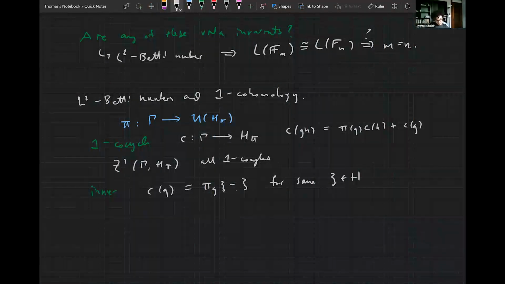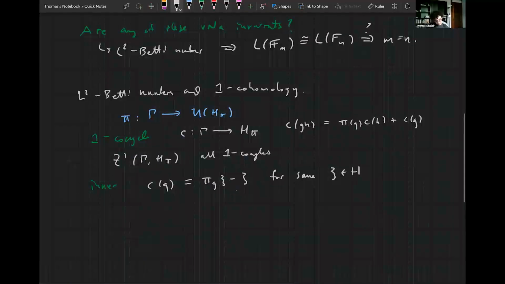And then you have something that's slightly more general than this: almost or approximately inner, and that's to say it's locally approximated by inner ones.